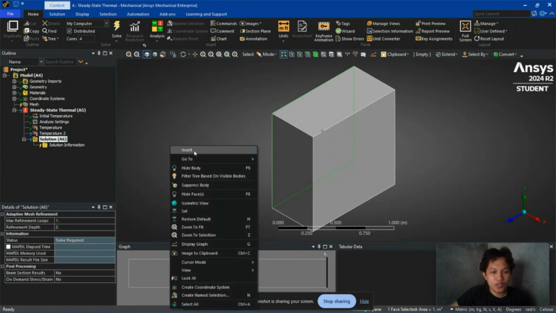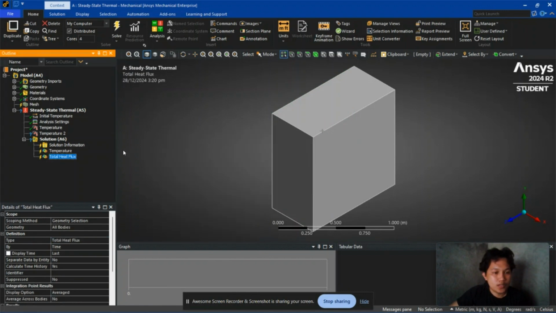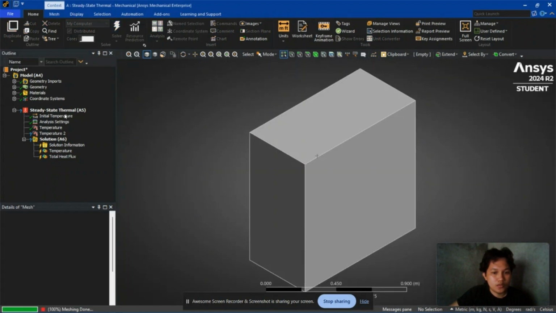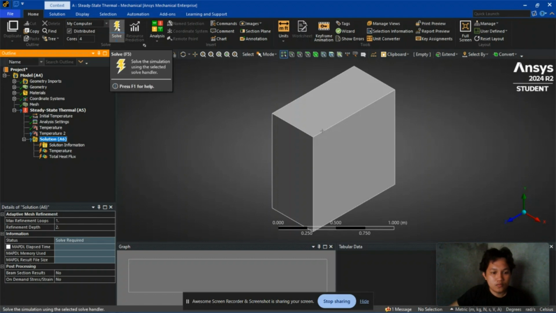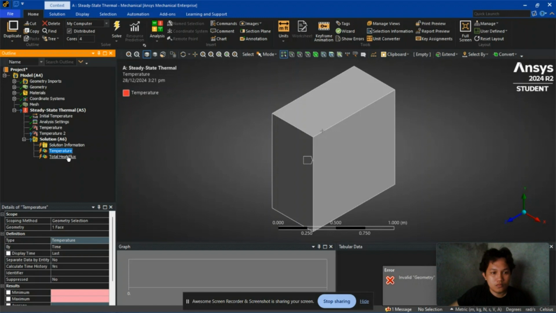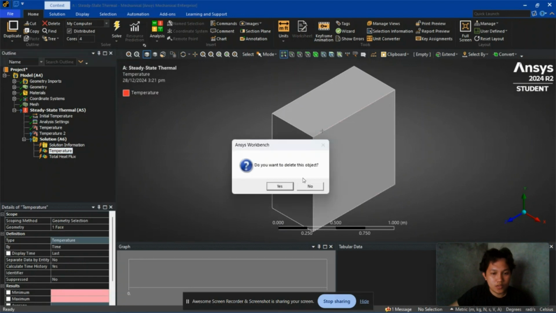In solution, we're going to add temperature and total heat flux. Also mesh. We're going to solve this first. Mesh. Then solution. Valid geometry.